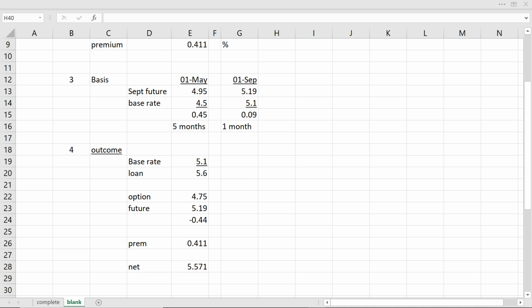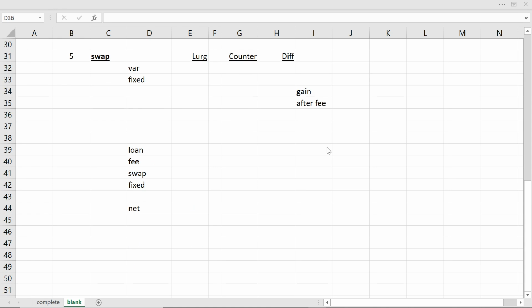Now let's move on to have a look at the swap. So the nature of the swap is not given in the question, and we have to figure out what's going to happen. We're told that the variable rate that Lurgshall can borrow at is the base rate plus 0.5, and the counterparty can borrow at base rate plus 1.5.